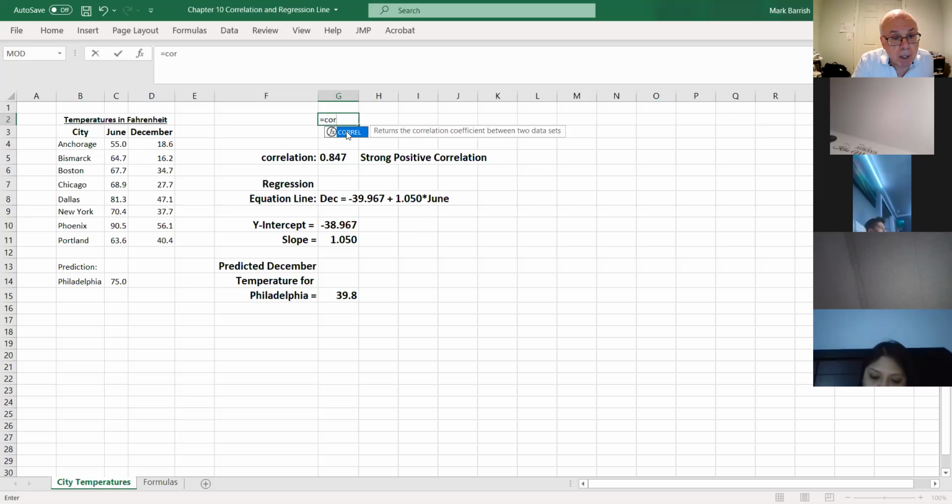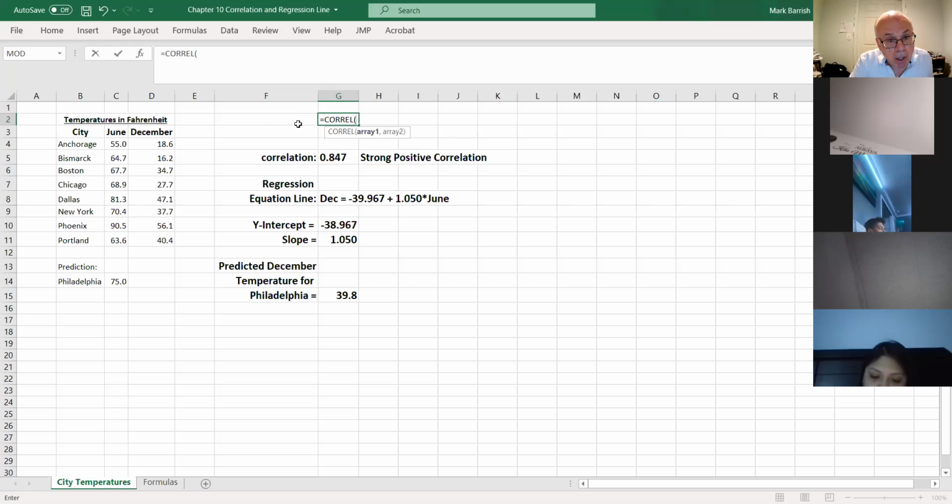So I just double click it, and it gives me a parenthesis, and it opens up and says array 1 and array 2 with a comma in between. What's an array? It's just a list of numbers. So array 1. Now, when we do correlation and when we do the regression line, we typically want to put our y variable in first.